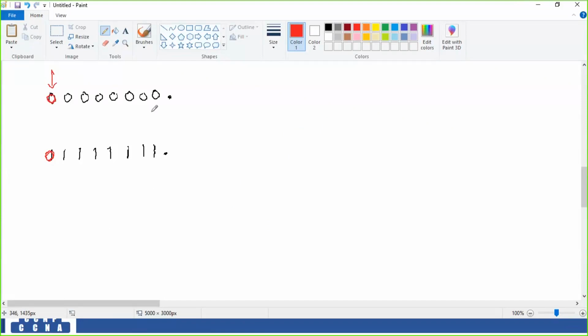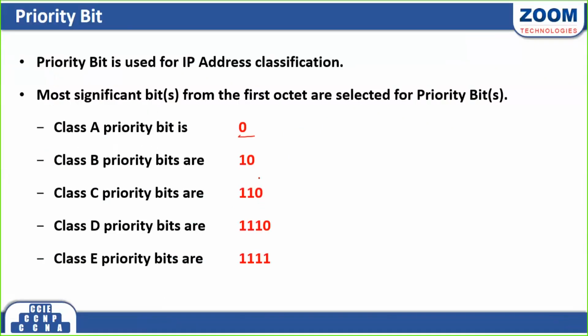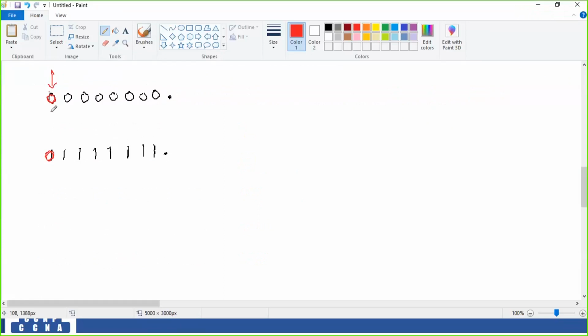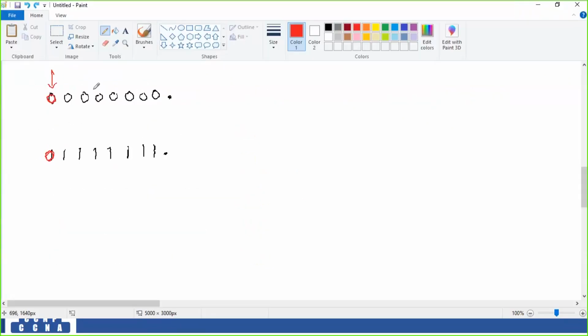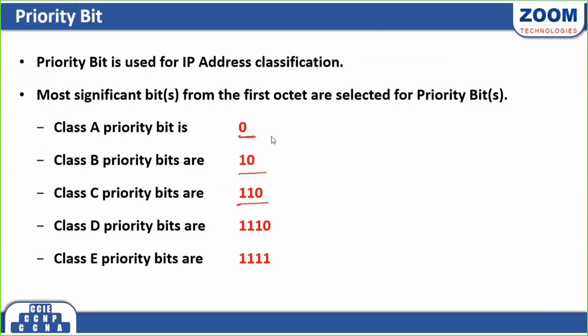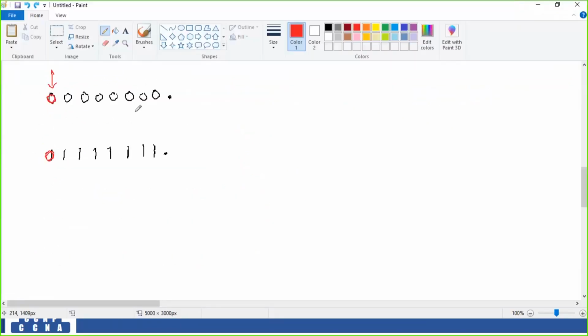For class B, the first 2 bits should be 1 0. For class C, the first 3 bits should be 1 1 0. So first let's understand class A. For class A, 0 is reserved. Done. Now convert this into decimal. How to convert to decimal?